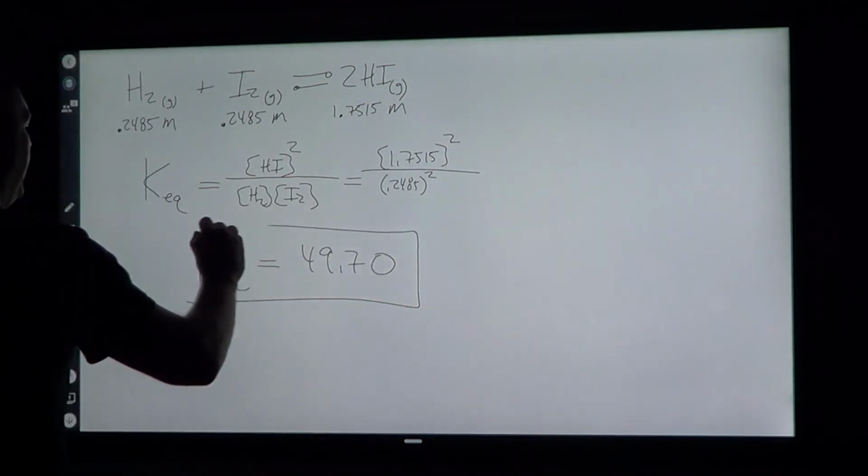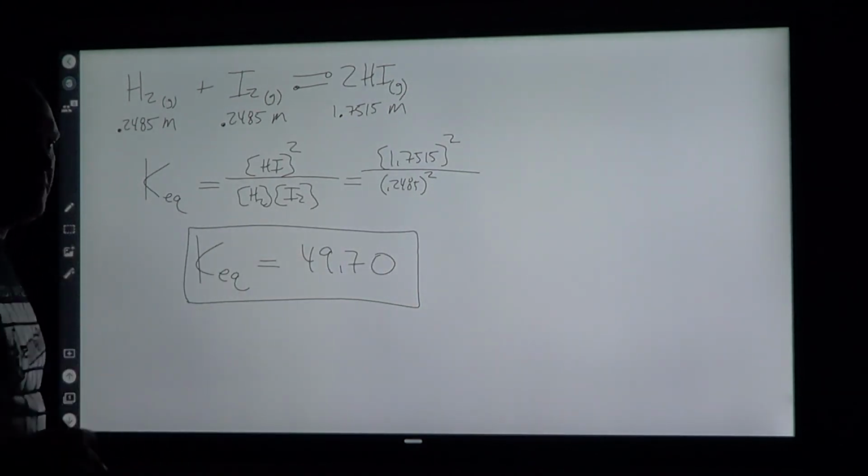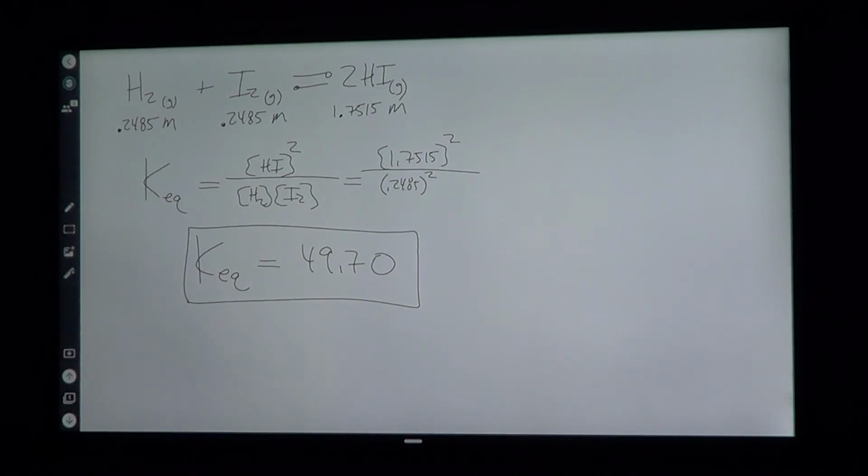Again, I don't need you to give me any units on equilibrium constants. They're super complicated. All that matters is the number. And this number is a very large number. The number we want to compare it to is 1.